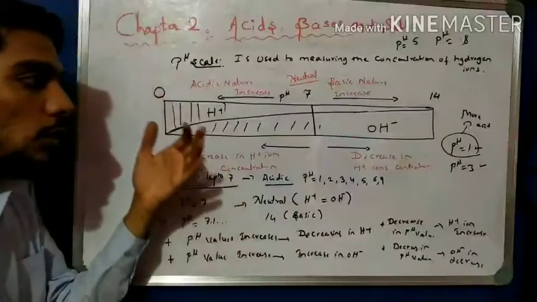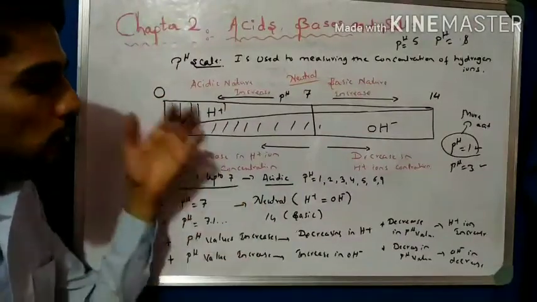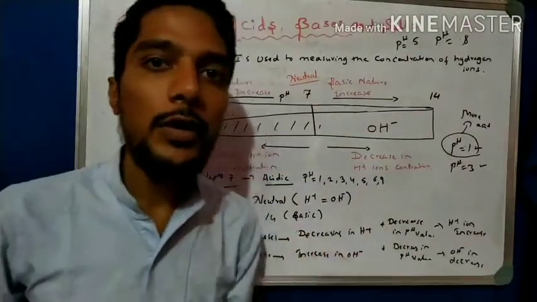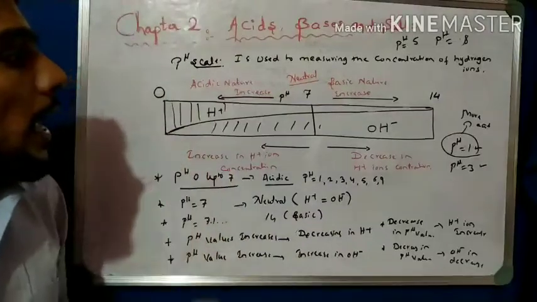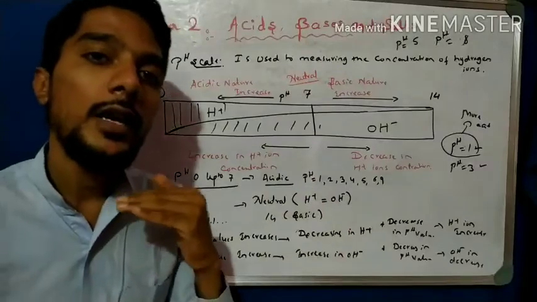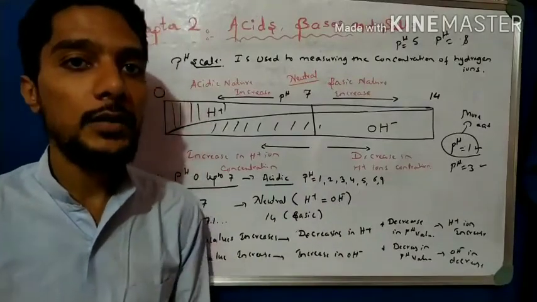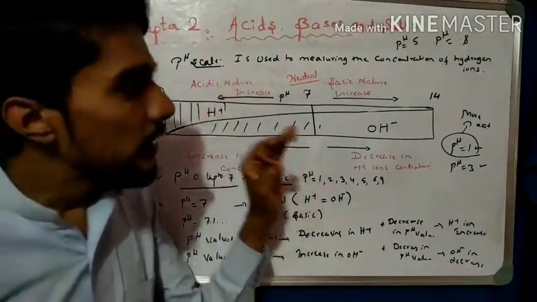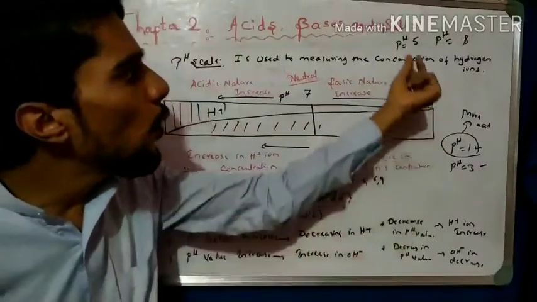So this is about reading the scale. These are very important concepts about the pH scale, and it is important for finding the strong acid and strong base. What is a strong acid? An acid is said to be strong if it has a lower pH value.